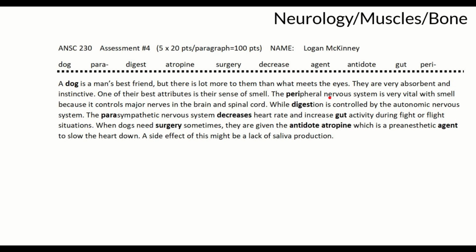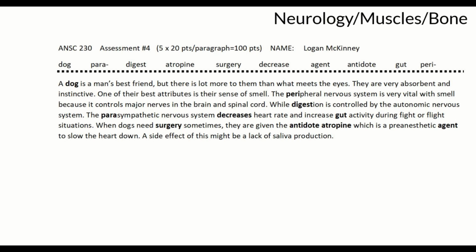The peripheral nervous system is very vital. Okay, so you've got the peripheral nervous system is very vital with smells because it controls major nerves in the brain and spinal cord. So that doesn't make sense. The peripheral nervous system is outside the brain and spinal cord, so that needs to be explained better. Digestion is controlled by the autonomic nervous system.